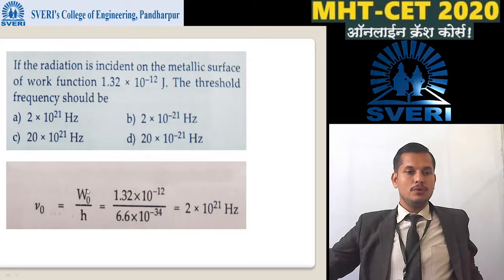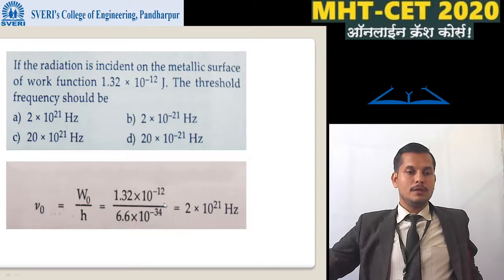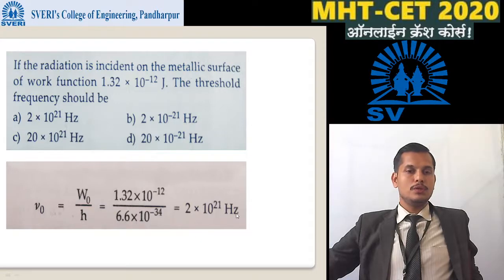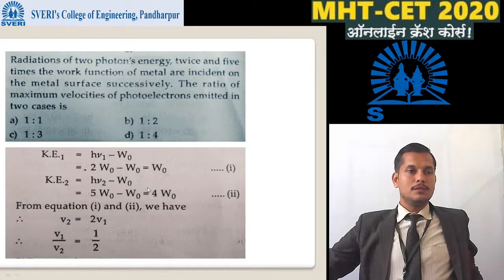So we know the value of W and the value of h, which is a constant. After putting these values, we get the answer, that is 2 into 10 raised to 21 hertz. We go to the next. Next is radiations of 2 photons with energy twice and 5 times the work function of the material.